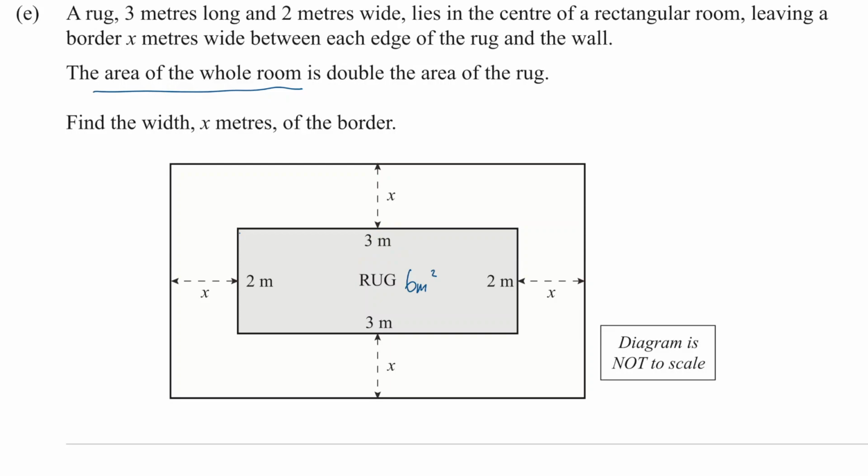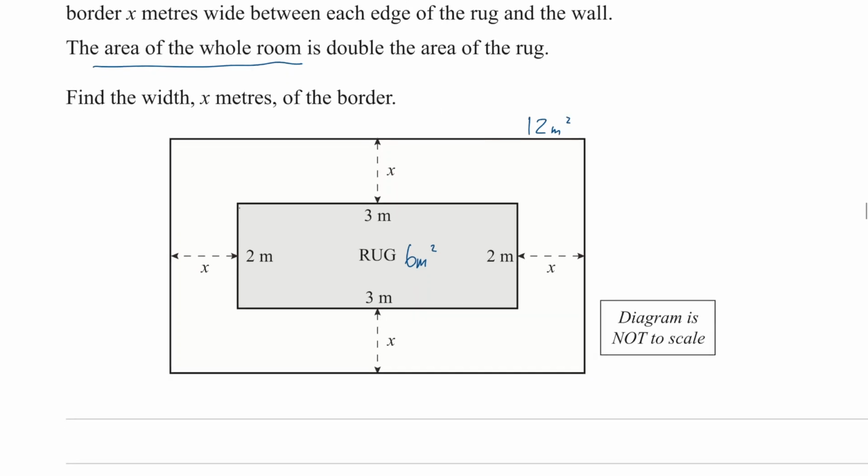So it'll have an area of 12 meters squared. Okay, so can we find an expression for the area of the whole room in terms of x? Because if we can, then we equate that to 12 and solve for x.